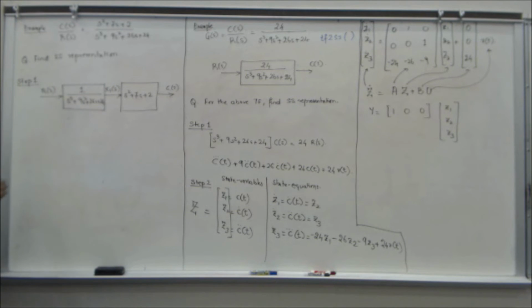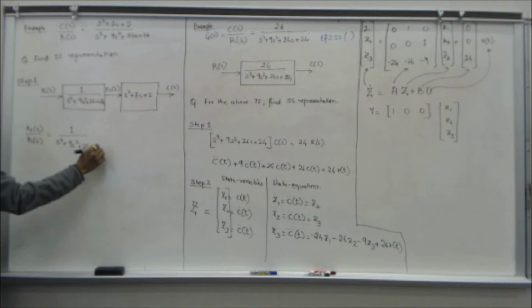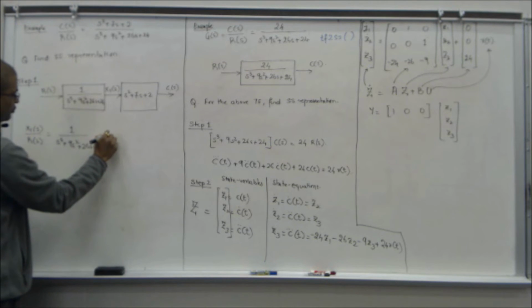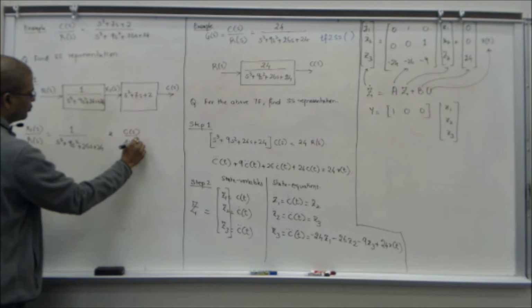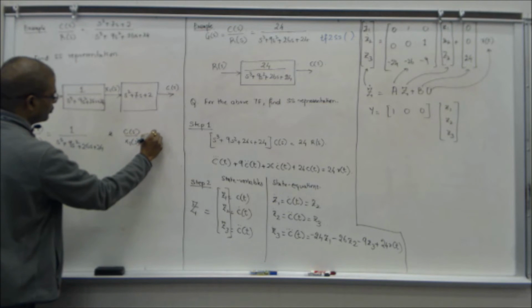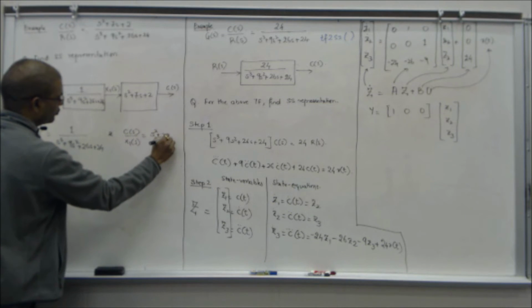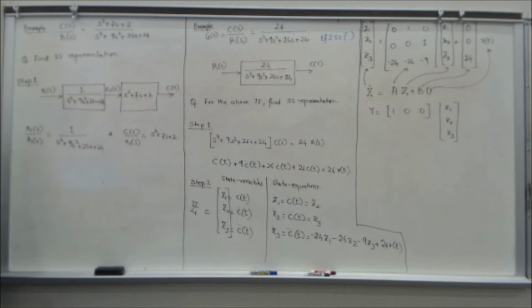So you have X1 of s over R of s is 1 over that. What you have done is you have just split the numerator as a second system.